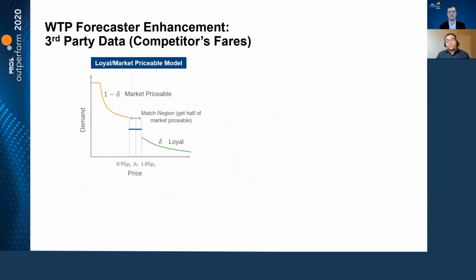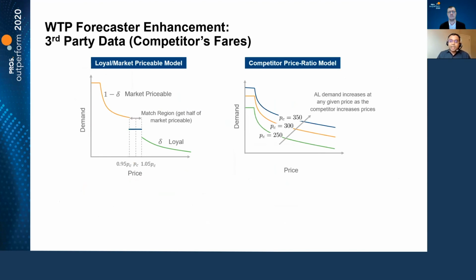Over the past year or so, we have done extensive work on incorporating third-party or non-traditional data into the willingness to pay forecaster, and thereby improve the forecast accuracy. One particular area where we have put a lot of emphasis is how to incorporate competitor fares into willingness to pay forecasting.